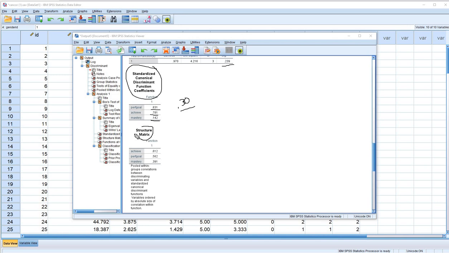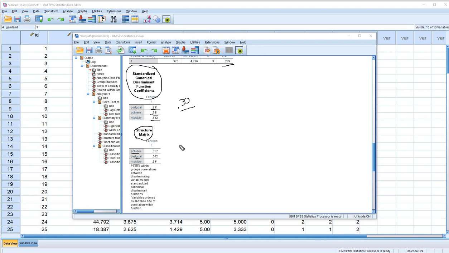With respect to the structure matrix, these are basically correlations between each of our measured variables and the discriminant function. And so if we wanted to name the discriminant function, if it had been significant, that might be something that we would want to do, in which case we could utilize a loading criteria of 0.30.